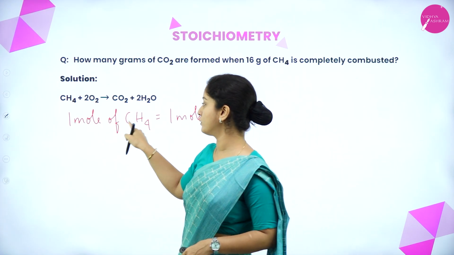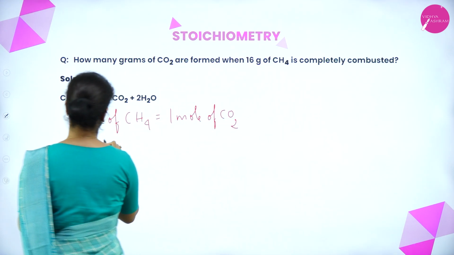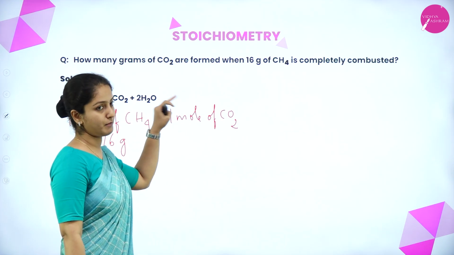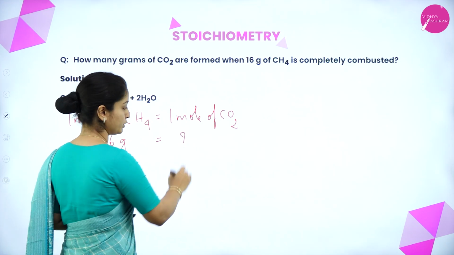Now, what is 1 mole of CH4 in terms of molar mass? It is 16 grams. Now we have to find the amount of carbon dioxide in terms of grams, which we don't know.